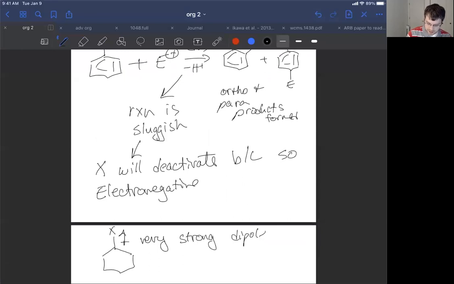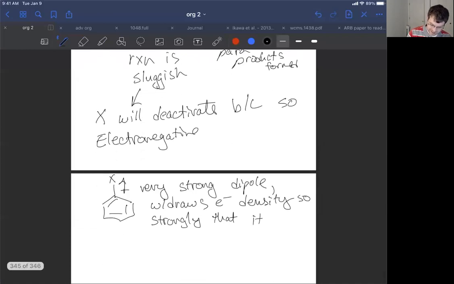And in this very unusual case, this very strong dipole withdraws electron density so strongly that it exceeds donation by way of resonance.